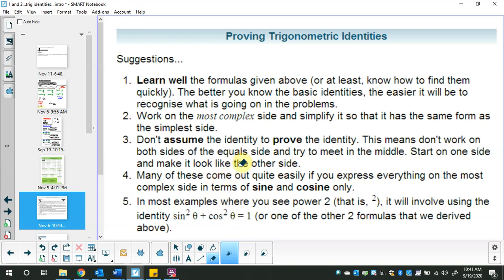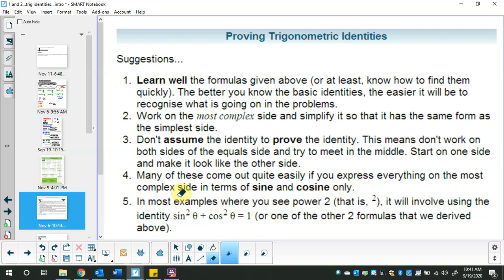Many of these come out quite easily if you express everything on the most complex side in terms of sine and cosine only. And that is absolutely true. If you think back to the graphing unit, sine and cosine were your friends. It's pretty much true here. It's not always true, but it's pretty much true in trig identities that sine and cosine are also your friends.